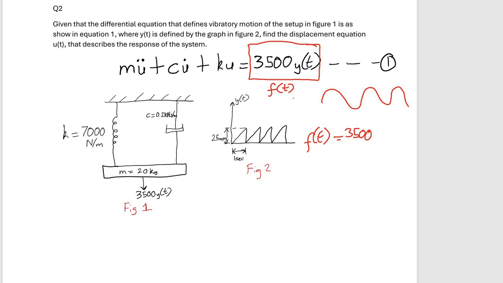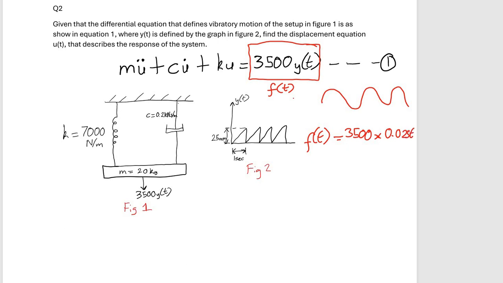If you convert that 25 millimeters to meters, to work with SI units, that is 0.025.